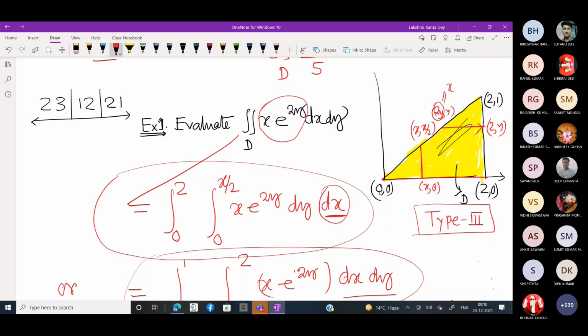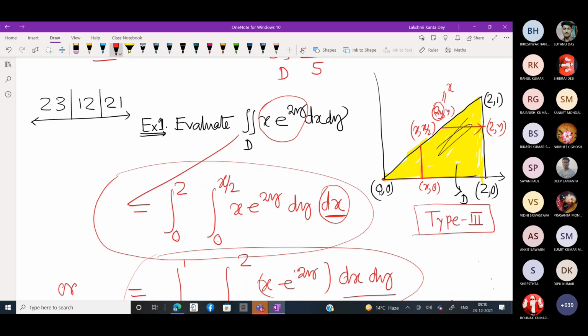And the sample point on top is (x, x/2), because the line joins (0, 0) to (2, 1). This is a line segment. If you draw the straight line segment and find its equation, you will understand that it is x/2. So x from 0 to 2, y from 0 to x/2, this is dy and then dx, right?